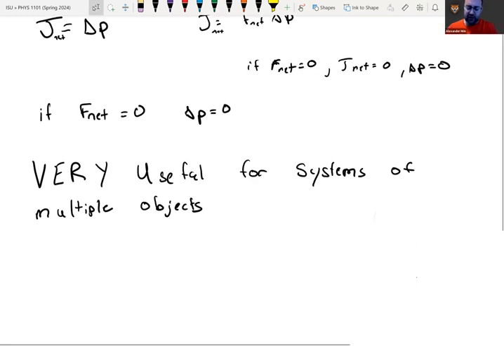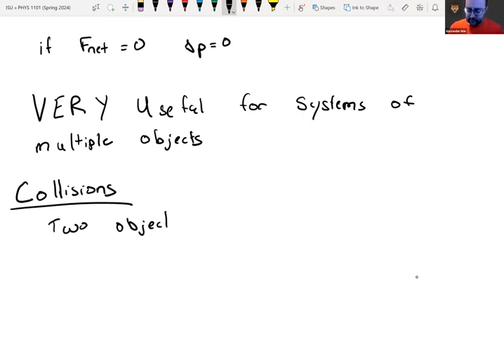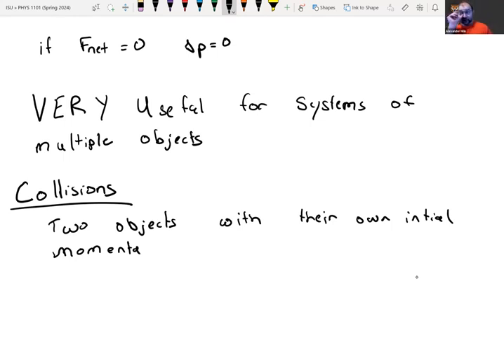Okay. So the idea here is that when we have collisions, this is the main thing that we're going to be looking at with conservation of momentum. Basically, we have two objects with their own initial momenta, and they are separate. They're not the same. They're two separately traveling objects.